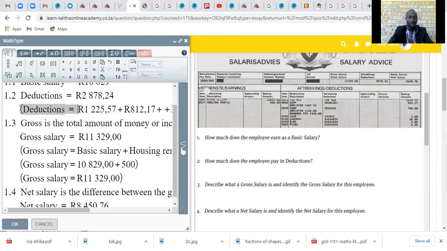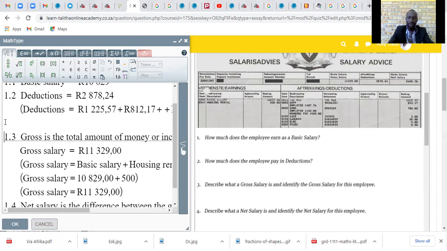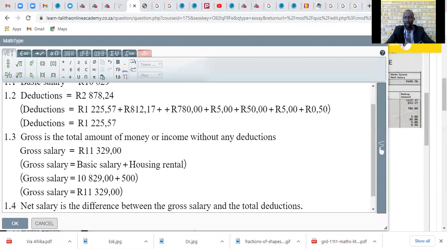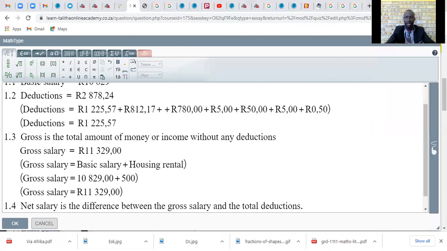So let's go ahead in the next step and see how that can be added. The deductions will be, well, let's get into the adding section. Just make it big enough so that you can see everything that we need to add.